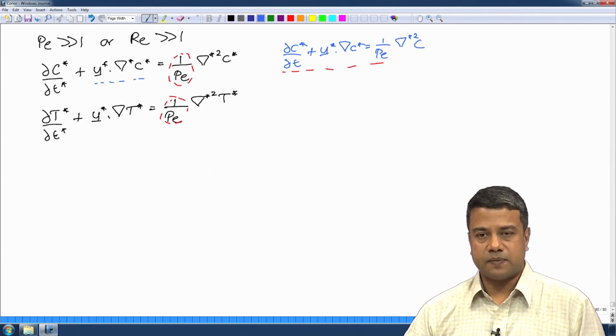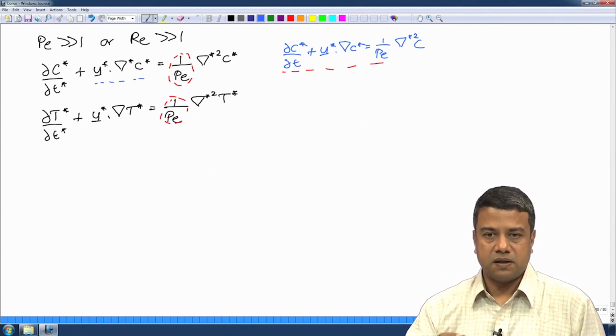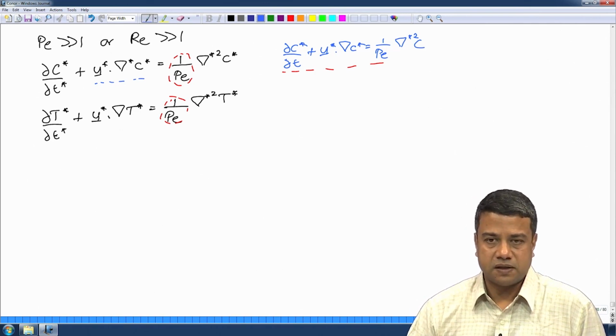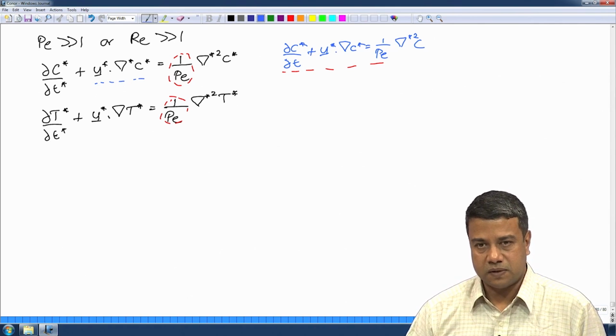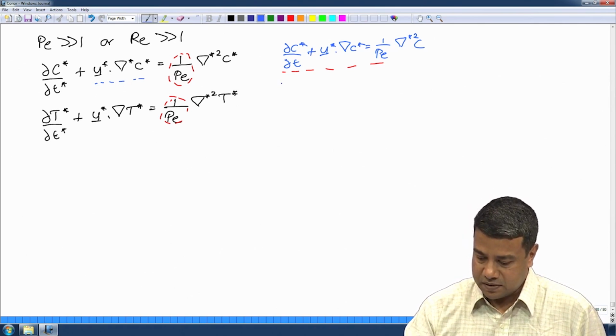Even as the Peclet number becomes larger and larger, the boundary layer thickness will become smaller and smaller in such a way that convection and diffusion are of equal magnitude within that boundary layer. So, we will be using similarity solutions here.